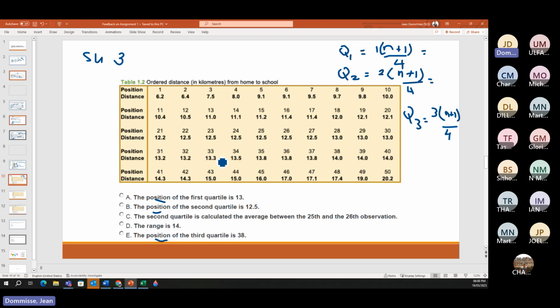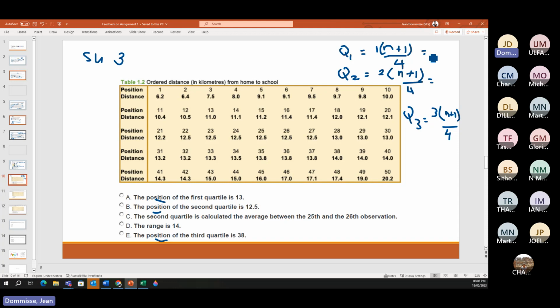So we know that there are 50 kits, so n is 50. We could have said 50 plus 1 divided by 4.